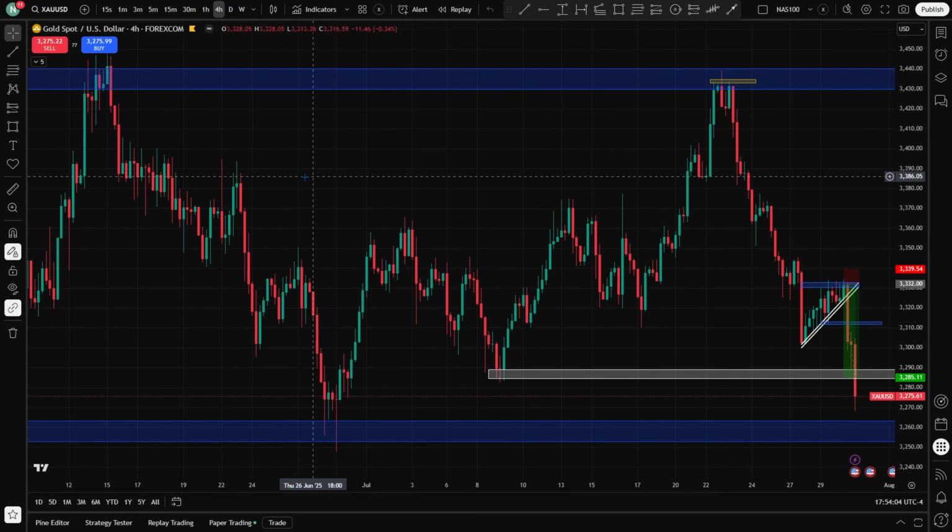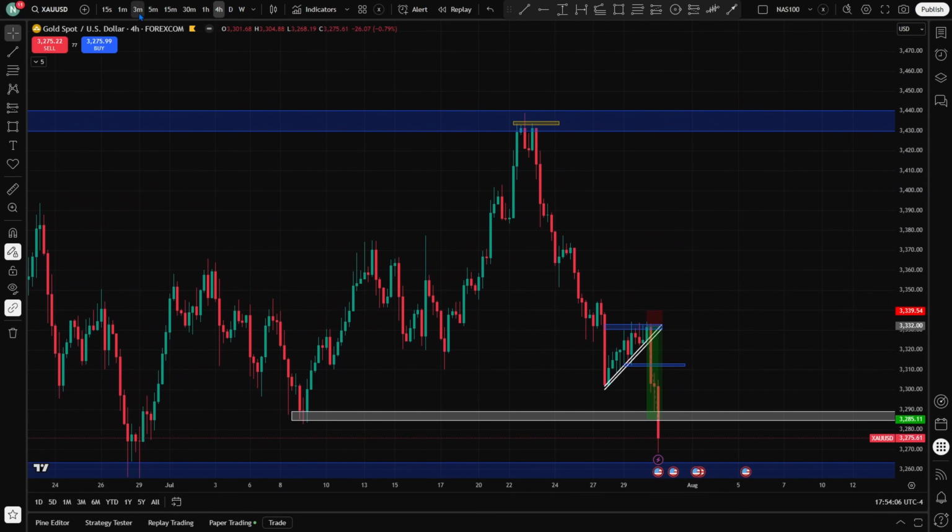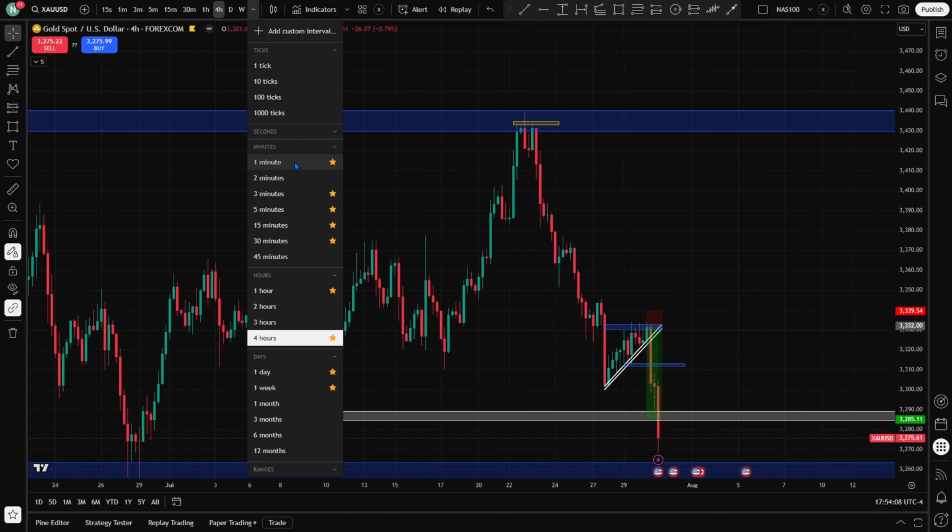So pretty much that. And then the time frames are up here. You can also favorite the time frames as well. You'll see here that I have a lot of my time frames up, so you can just click there. Whatever time frame you use, you can add it to your favorites. And then you can also add a custom interval. Any custom interval, like you can do the 53-minute time frame or anything crazy.